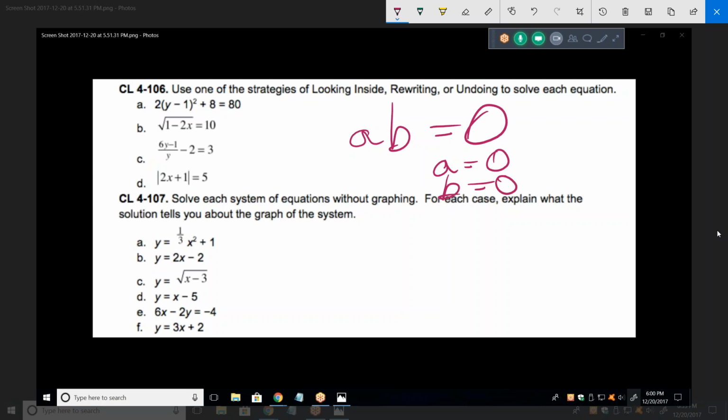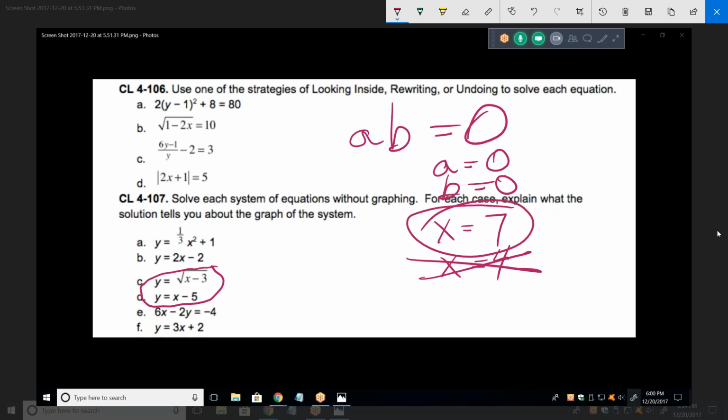So in my case, I came up with 2 solutions. One was x equals 7. The other was x equals 4. But that was extraneous because it does not work. It does not satisfy that system of equations. So there's only one solution, x equals 7, which is perfectly fine.